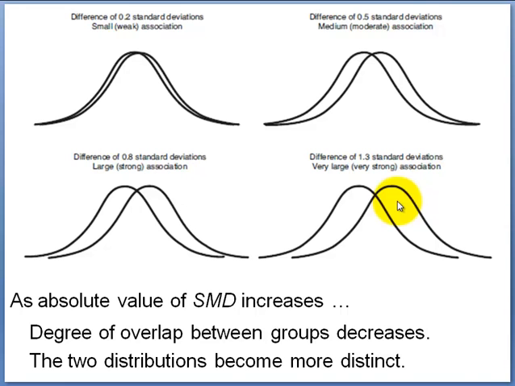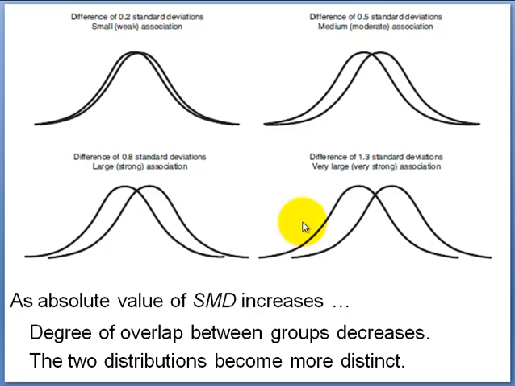And so that's the idea here. As the absolute value of the standardized mean difference increases, the overlap decreases and the distributions become more separate and more distinct. Look even at the very strong association here as conveyed in the lower right figure.